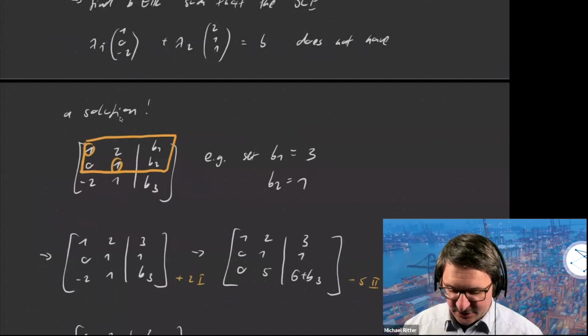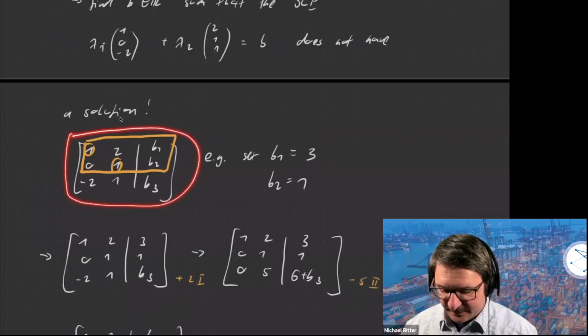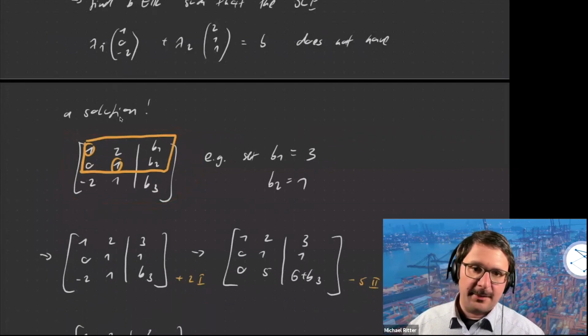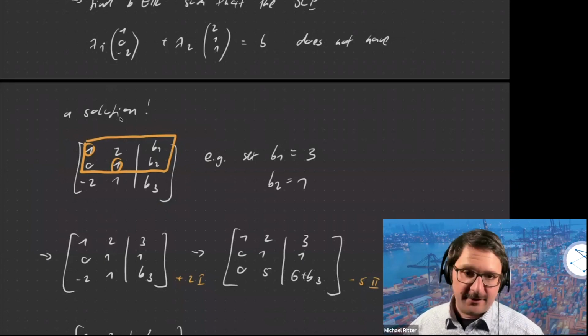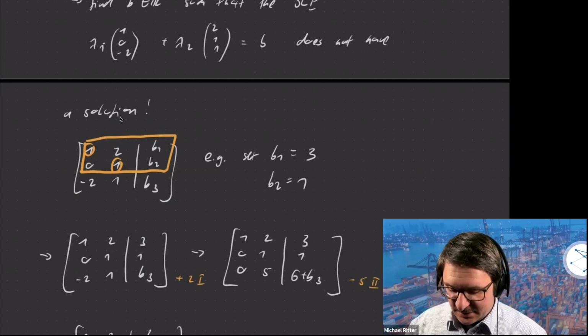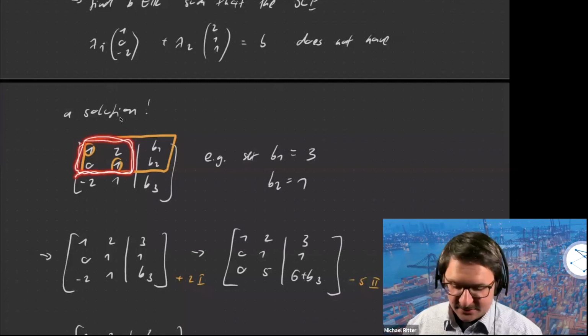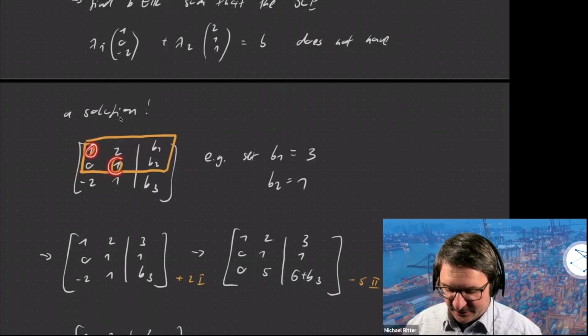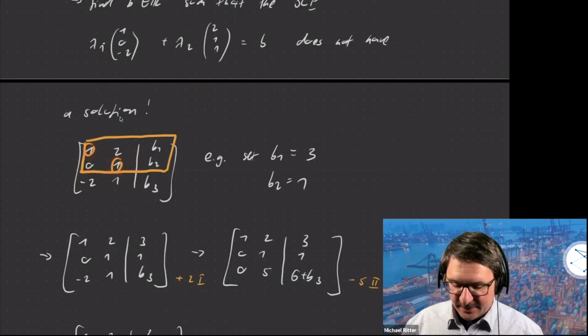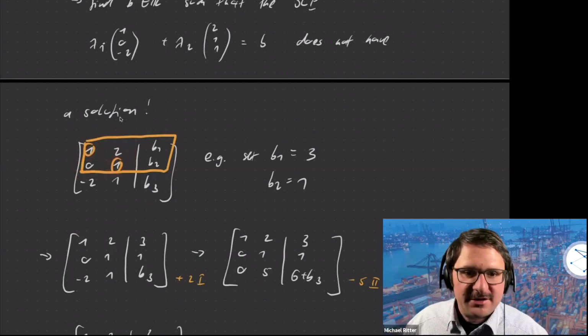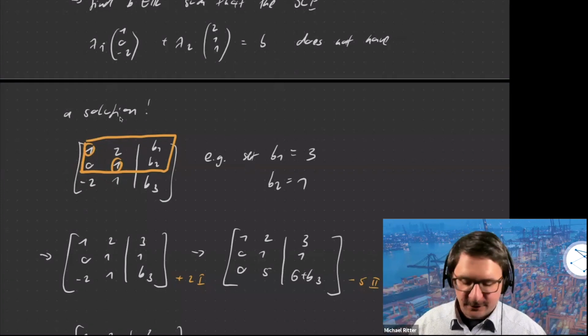If I write that in tableau form, it looks like this. You can see I have two variables and three equations. If I look at the first two equations, I can see that the rank of this submatrix is already 2. So we have a pivot here and a pivot here, and we'll have those pivots even if we compute echelon form.